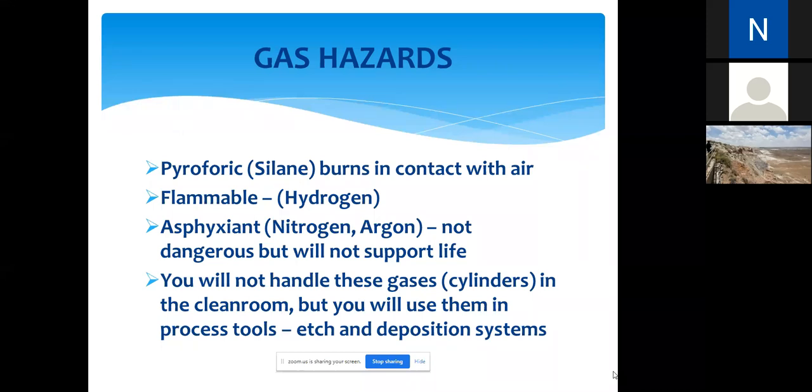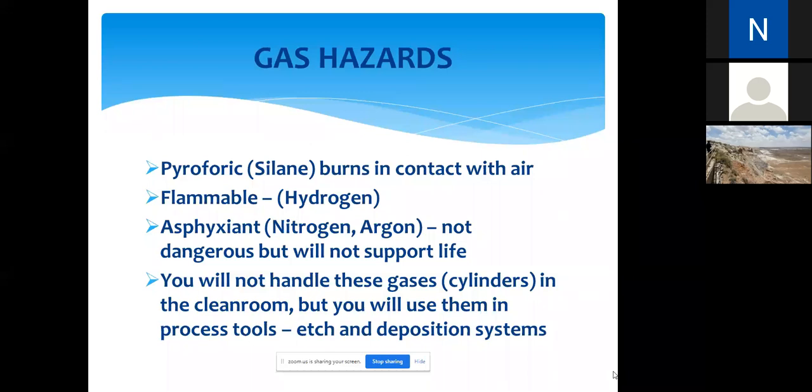So we generally don't ask students to deal with these kinds of nasty gases. However, most students should be able to learn how to change a normal nitrogen cylinder at least once in your clean room lives or in your lab lives. Learn how to do it. It's not hard. Ask your professor, ask your technician, ask, can I help?